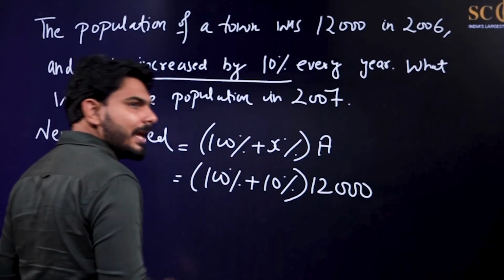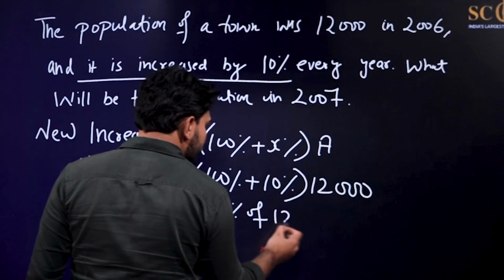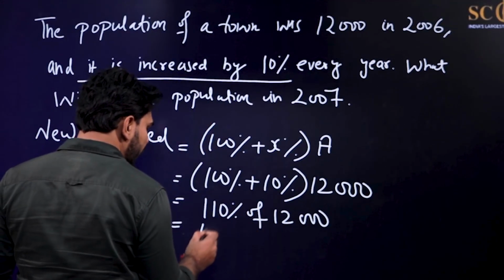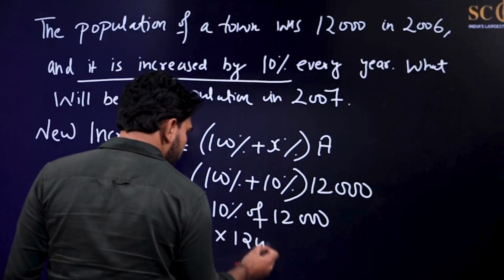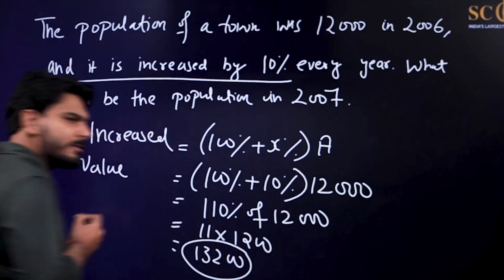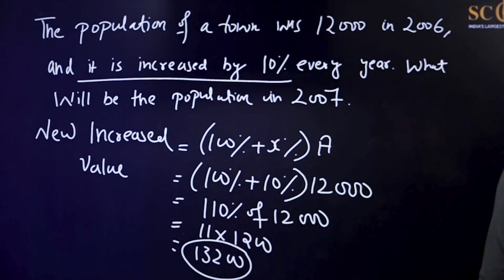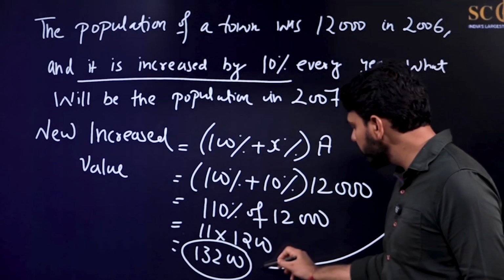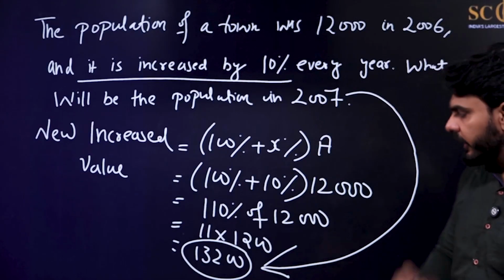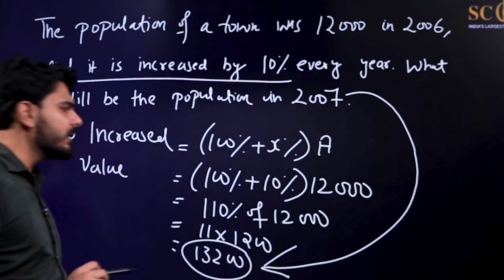So 100% plus 10% is 110% of 12,000. 110% can also be written as 11 by 10, or 11 into 1200. If you multiply both of these, you will get 13,200. So this will be your final answer: the population of that town in 2007 will be 13,200.